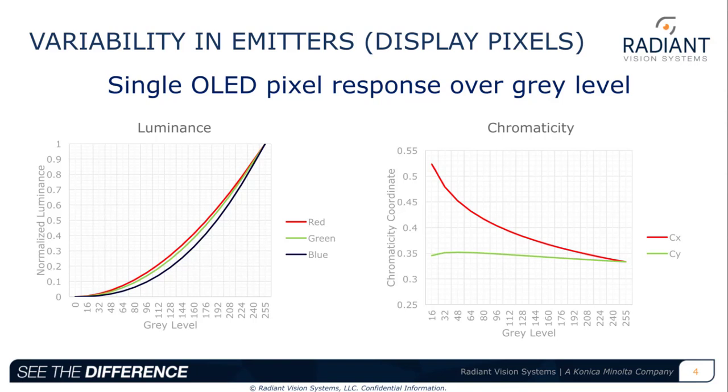You can see that if we didn't do this, we may have uniformity at gray 255 in color, but then the color may change quite a bit for each individual pixel as we go to lower and lower gray levels. So we need to perform a correction at each pixel and for different gray values.